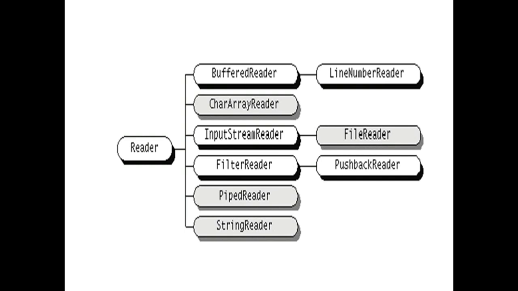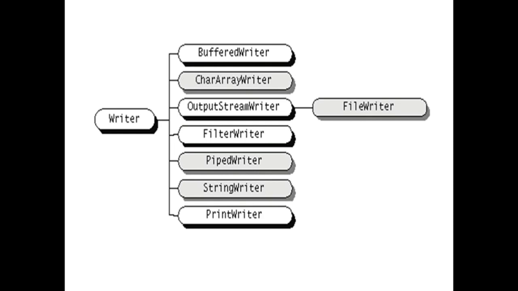Okay. So let's move ahead to the last slide, that is the writer class. And here again you can see that we have an abstract superclass called writer, and we have a few subclasses which extend this particular class.